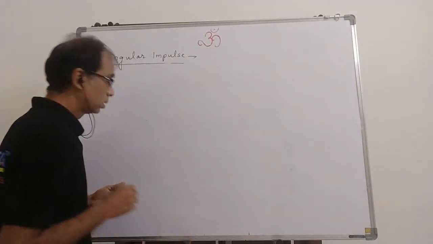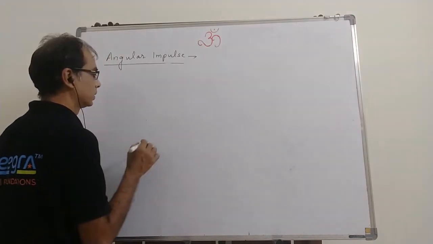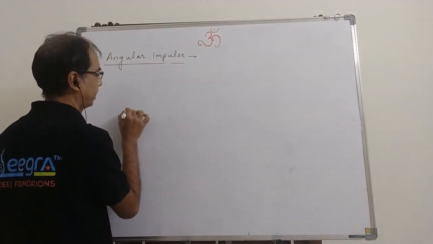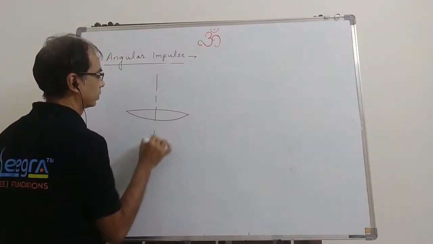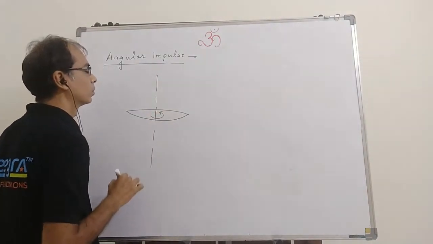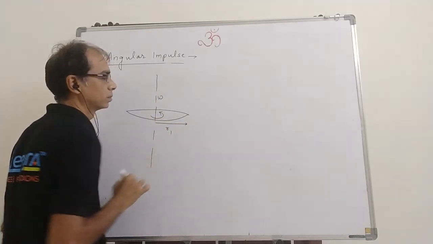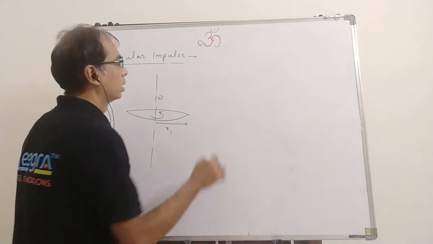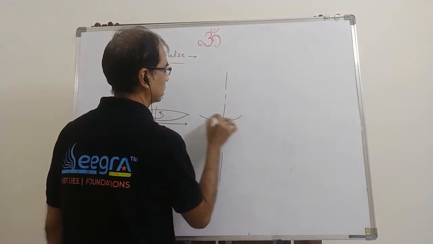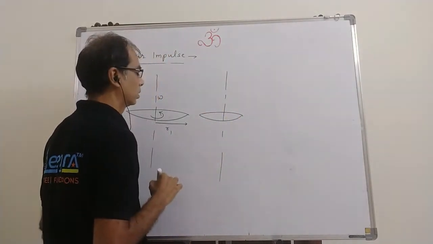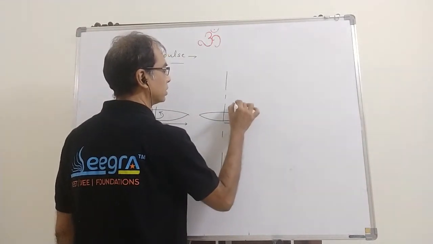See, suppose I take two discs. This one is rotating with angular velocity omega 1, and its radius is r. Another disc is there, its radius is also r, and this is at rest.